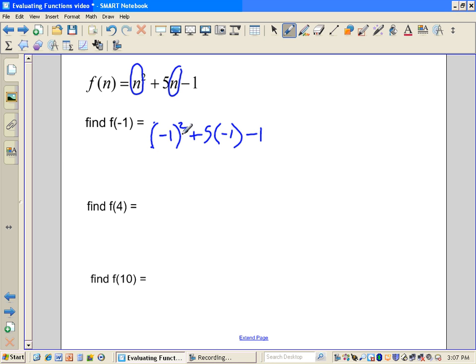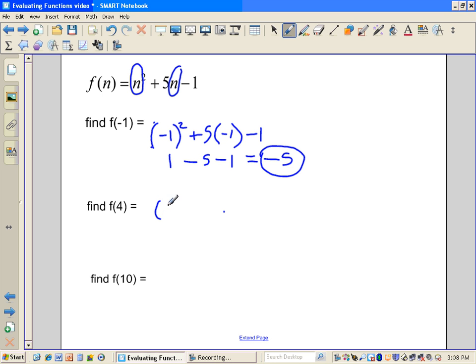Again, I'm just going to simplify this. Negative 1 squared is negative 1 times negative 1, which is positive 1, plus 5 times negative 1 is negative 5, minus 1. 1 minus 5 is negative 4, minus another 1 is negative 5. There's my answer. Input negative 1, output negative 5. Input of 4, same thing.